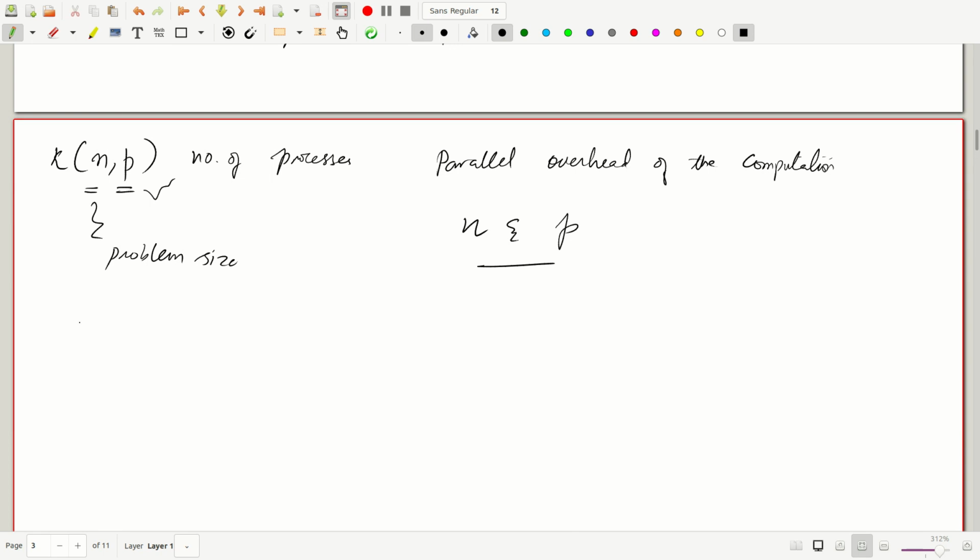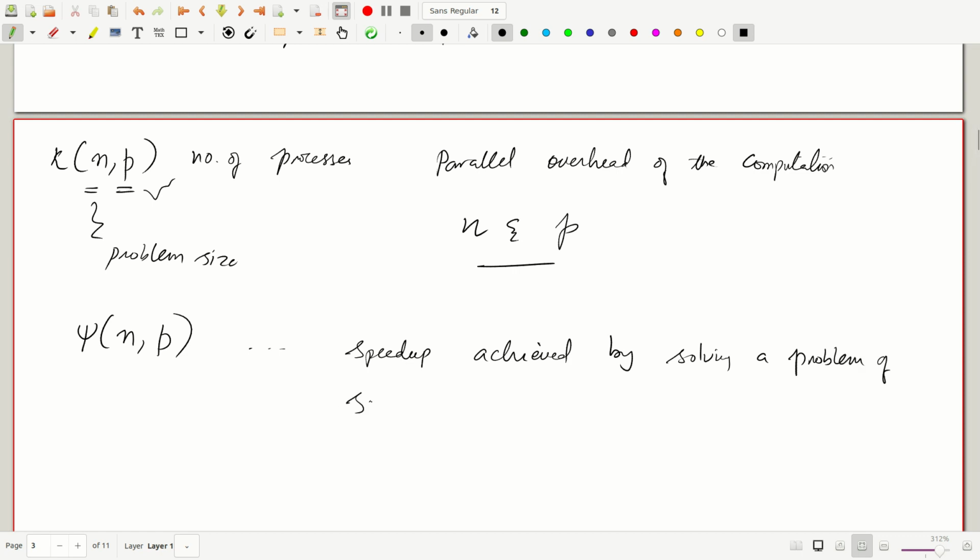Let us have a symbol for speedup: psi of n, p, the speedup achieved by a parallel program by solving a problem of size n on p processes.